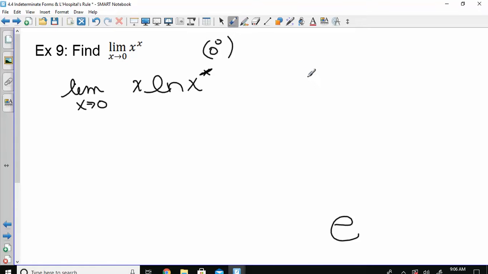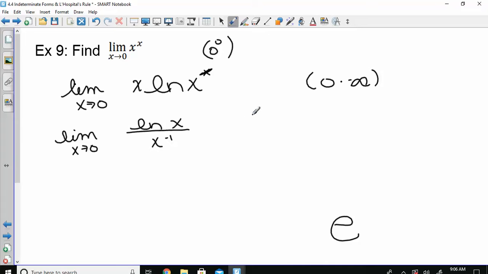If you look at this right now, if you just plug in, you have 0 times the natural log of 0, which is undefined. It's got a vertical asymptote there. So it is still an indeterminate form. Then, if I want to move something to the bottom, definitely easier to move that x. You can write it as 1 over x or x to the negative 1, whatever you're most comfortable with.